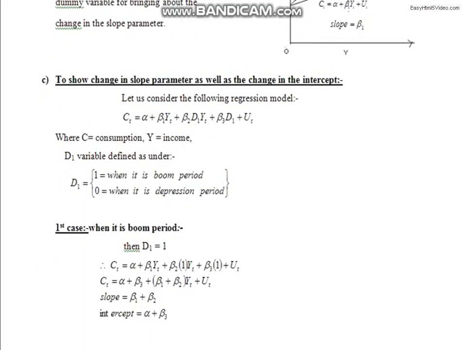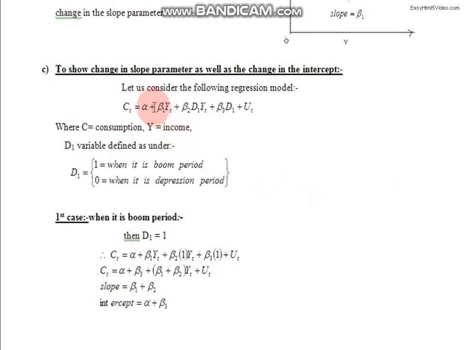Next, we can also show the change in both slope as well as change in intercept. In this case, we'll assign a dummy variable to the income variable and without the income variable. So d1 is assigned to both. d1 is equal to 1 when there is boom, and d1 is equal to 0 when there is depression.